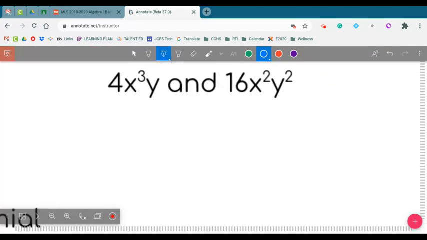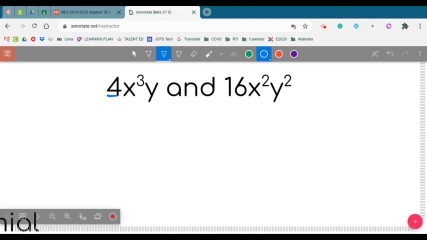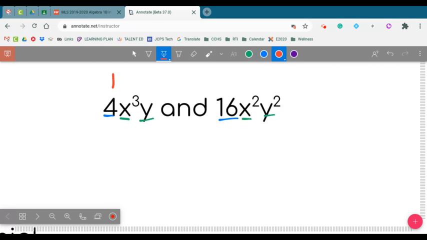So the next one, we added a little bit more. We added coefficients and we added variables. So we are first going to look at, okay, what is a number I can take out of my coefficients? So what is the biggest number I can divide 4 and 16 by? That would be 4. Because you can do 4 divided by 4 and you can do 16 divided by 4. Now we're going to look at our variable, x.